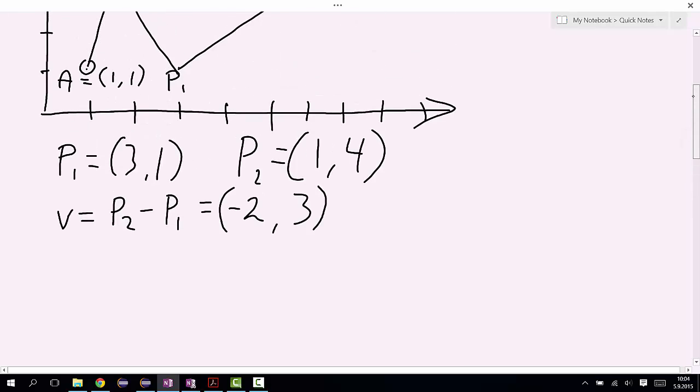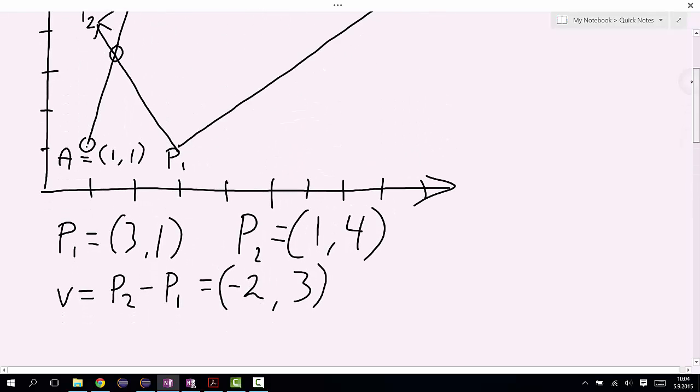What we're interested in now is, so this is a vector that's parallel to the line that we're going to be looking at, but we want a vector that's perpendicular. So we're going to just say n equals V perp, which equals, if it's going that direction, this vector would then be minus 3, minus 2.